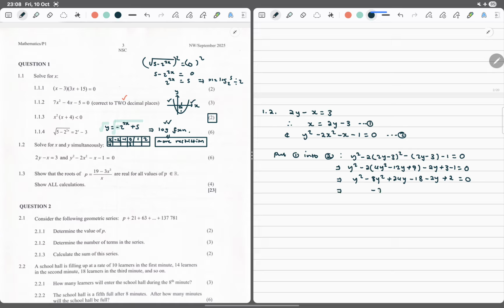We sort it out, we get minus 7y squared plus 22y, essentially minus 16, equal to 0.